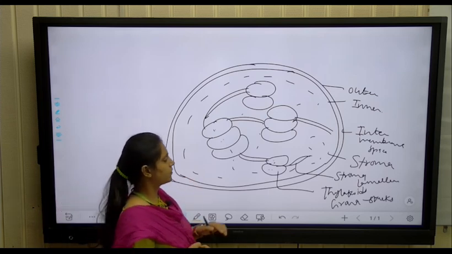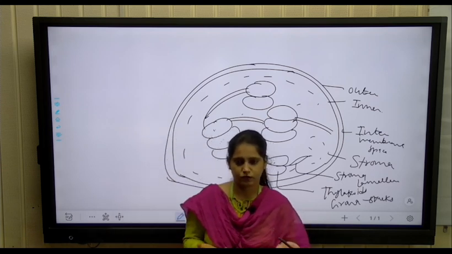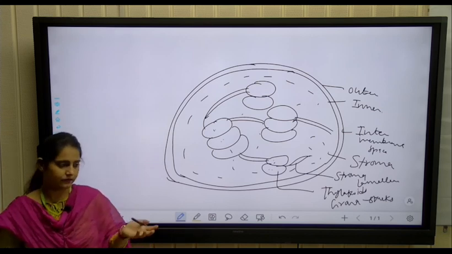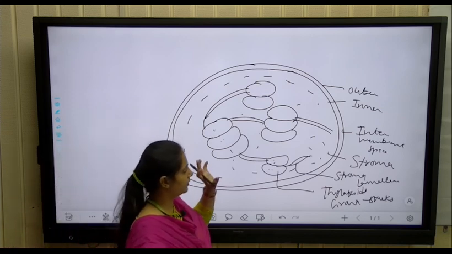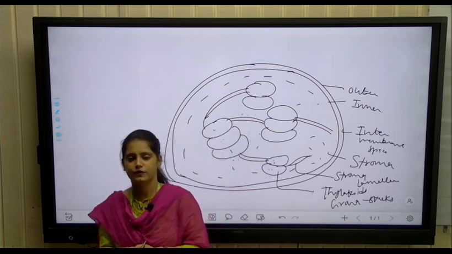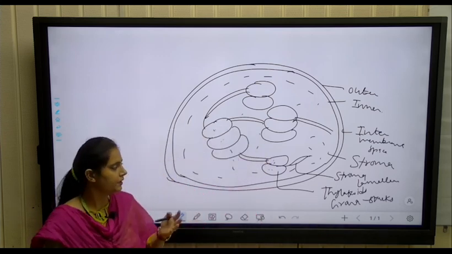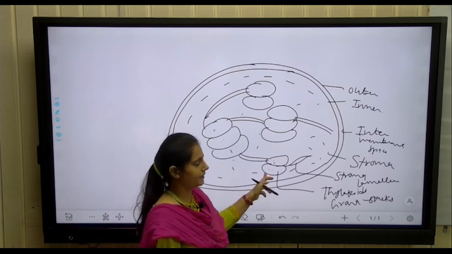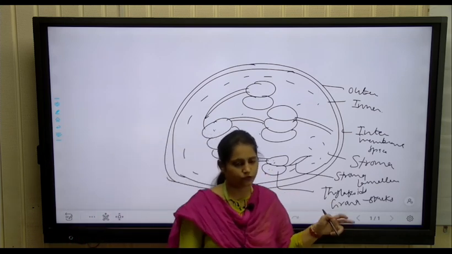It contains its own DNA, and it can also replicate itself. Fine, we will not discuss this here. We will discuss only the structure of chloroplast, so that we can know the location of chlorophyll and how it does the process of photosynthesis.